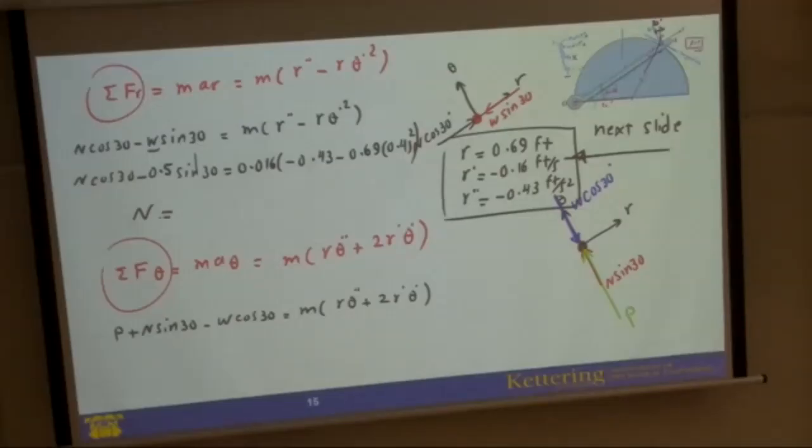If you calculate N, the normal force, you can find the normal force: 0.279 pound.